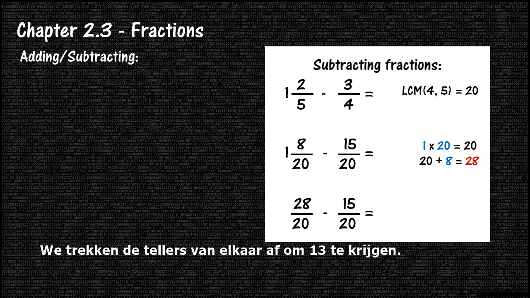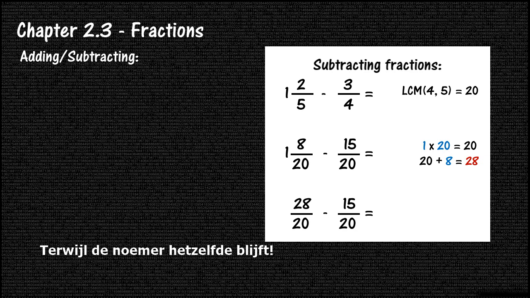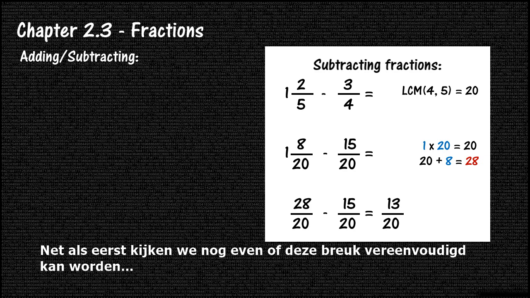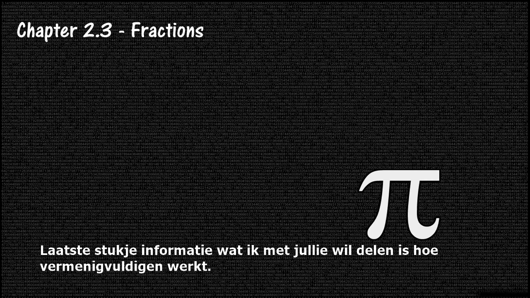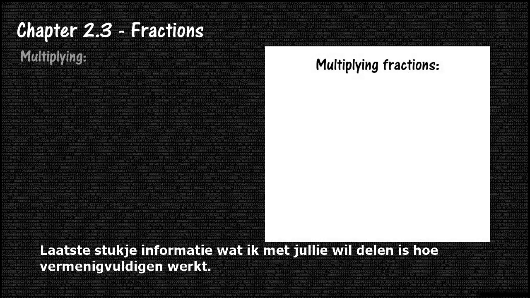We subtract the numerators to get 13 and the denominator stays the same. So our answer is 13 over 20. Just like before, we check whether the fraction can be simplified. Nope. Alright, we're done.